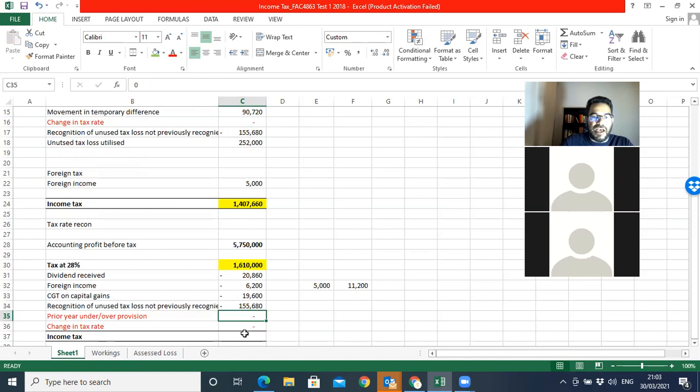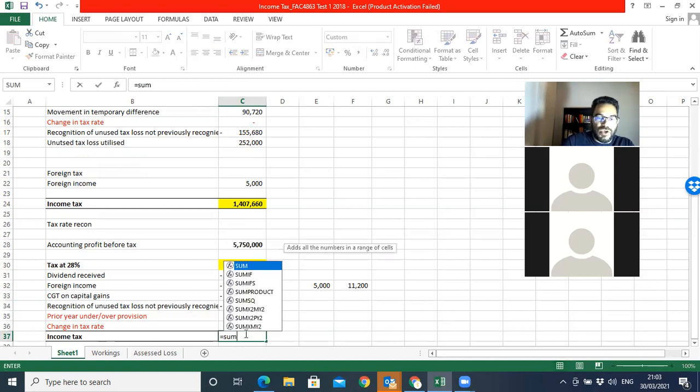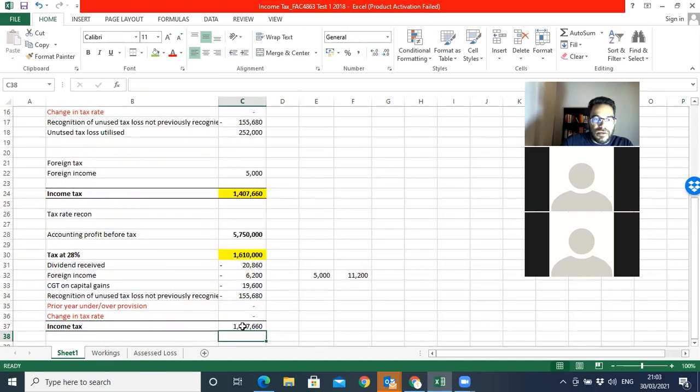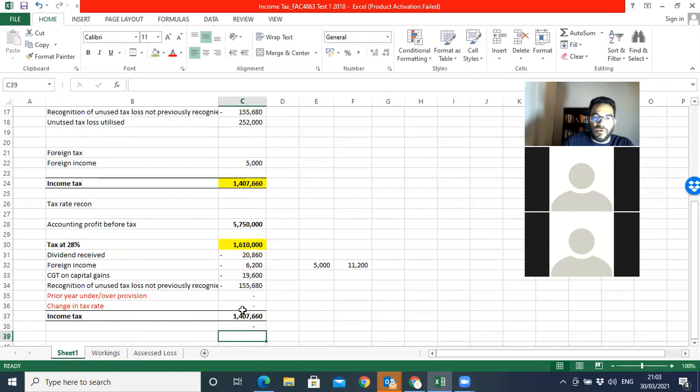So when I add up everything, we should end up with the 1.4 million. Just to do a check for yourself, we're going to say that minus that, it should be 0. The fact that it's 0, we are happy.